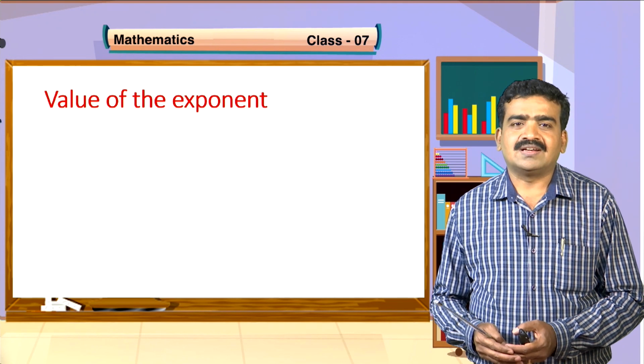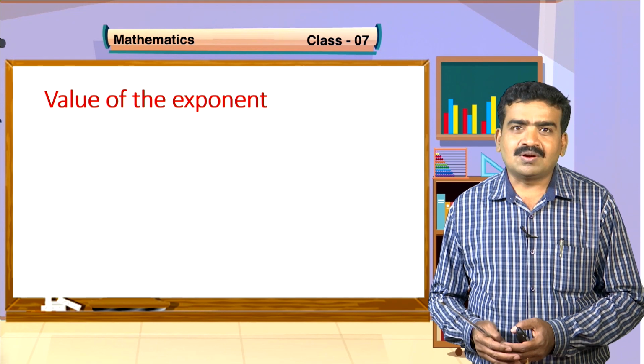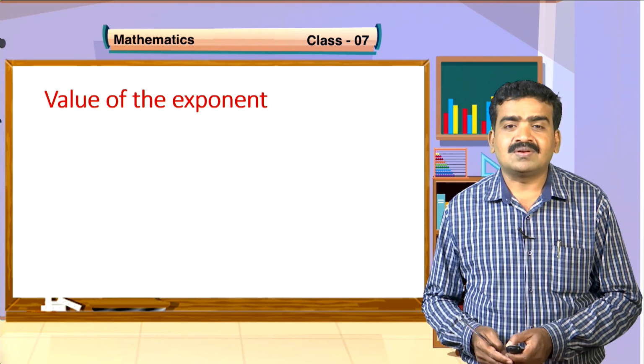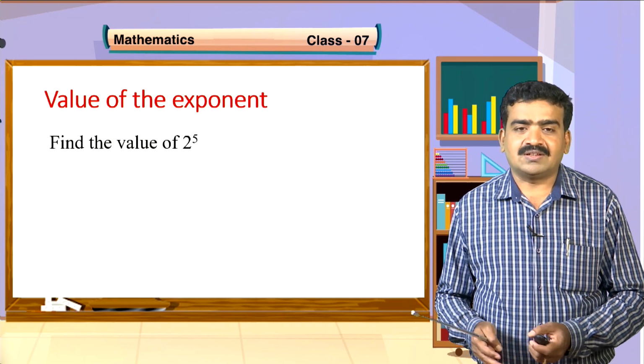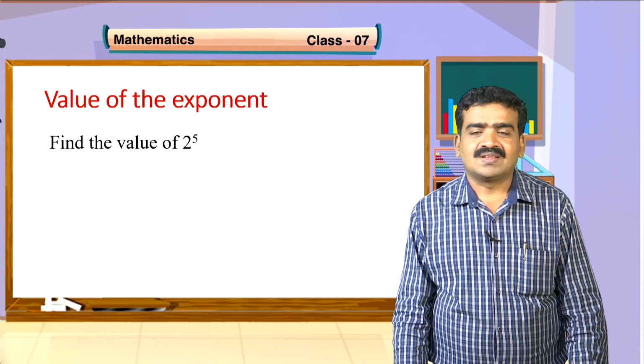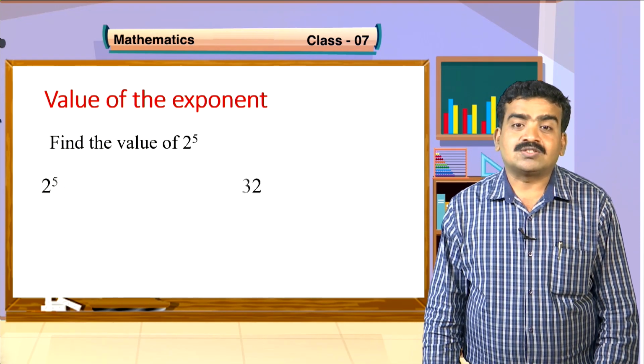Okay. Now, let us find the value of the exponent. You have learnt how to express a number in exponential form. Now, let us learn about the value of an exponent. Say for example, find the value of 2 to the power of 5. Here we have to find the value of 2 to the power of 5. It has to be expanded.